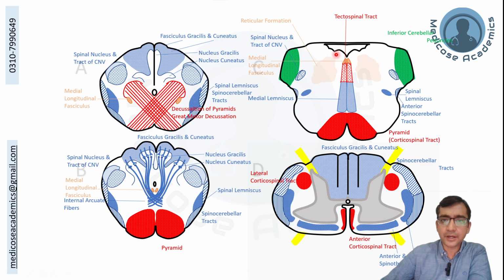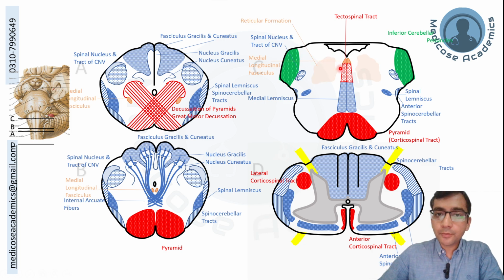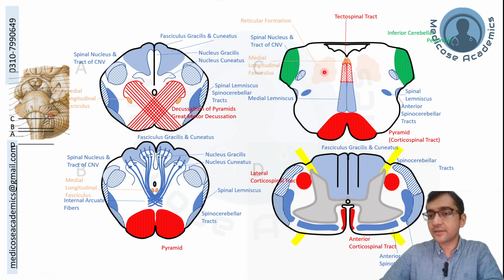Okay, then there is reticular formation that you can draw here. Reticular formation is a collection of different diffuse cell bodies and fibers.